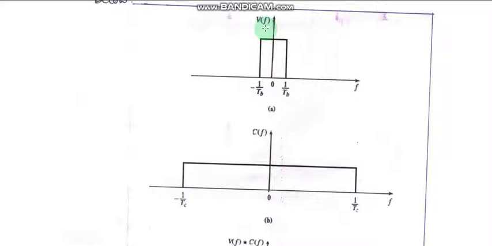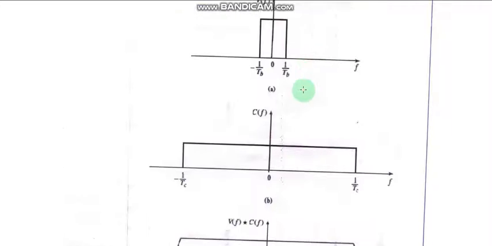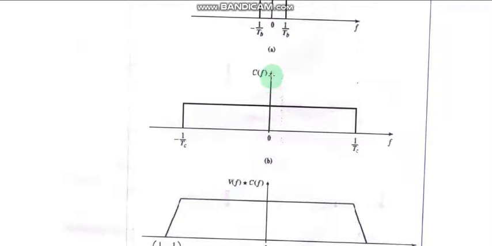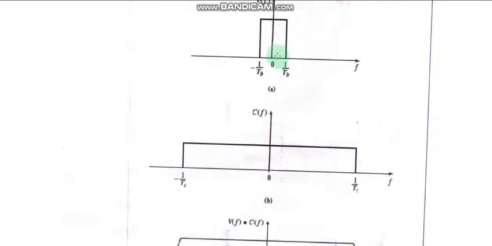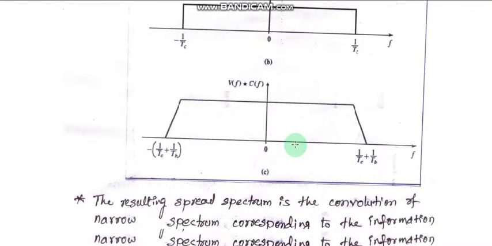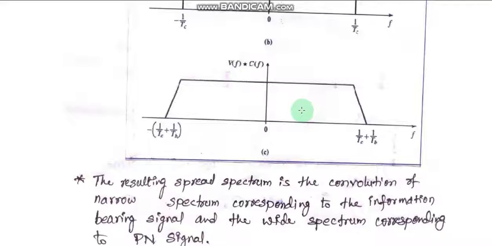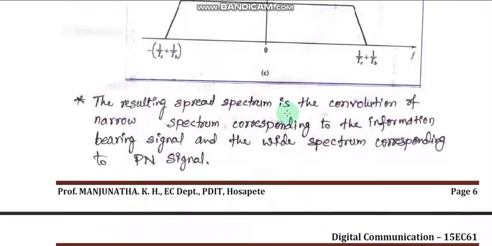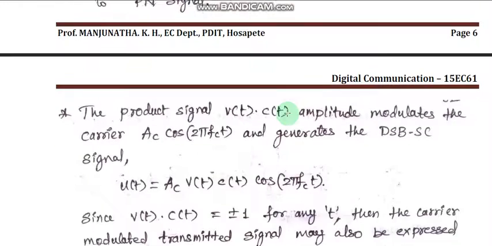So this is V of f, meaning the spectrum of the message signal. Okay, and the carrier signal, which is the PN sequence, its spectrum. Then these two are multiplied. Actually, in the time domain it is multiplication, and in the frequency domain it is convolution. So convolution will result in this one. Okay, this I have shown in the first video.